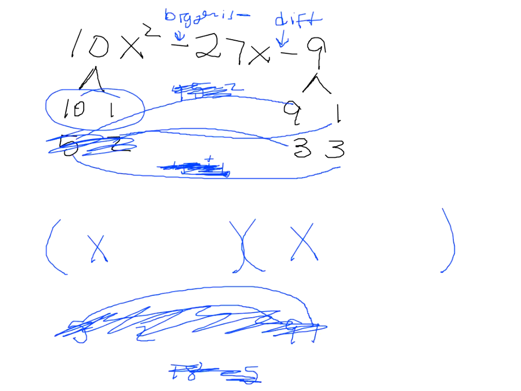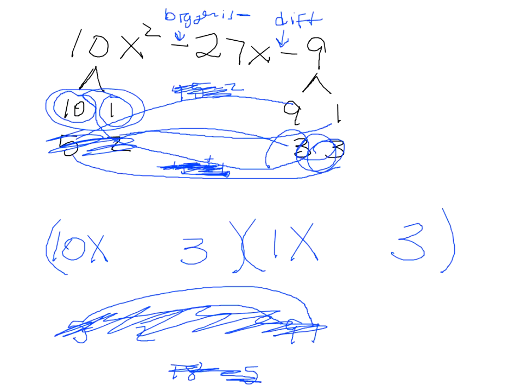So let's go back. Let's try 10 and 1. If I look at 10 and 1, I'm trying to get 27. So 10 and 3 is 30, and 1 and 3 is 3. So this might work. So I'm going to do 10 and 3 and 1 and 3. Now I check 10x squared.